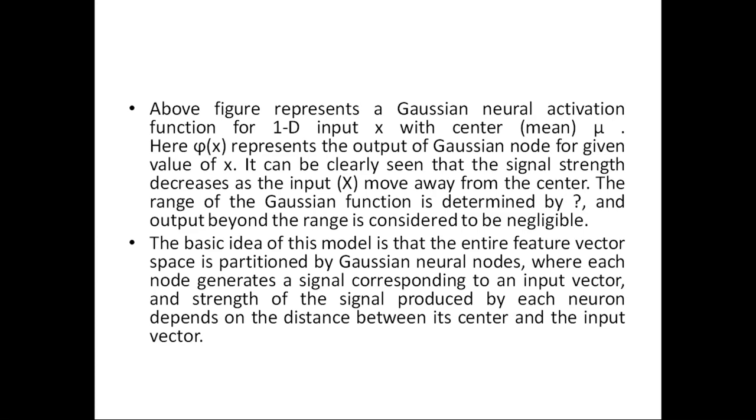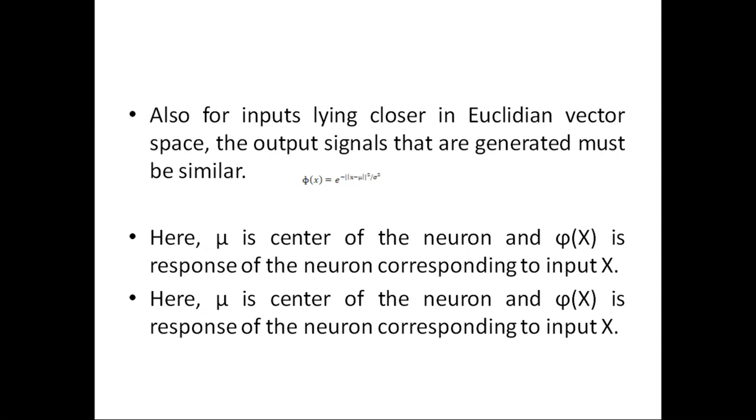That means when the input is passed through the Gaussian function, it generates an output, a signal corresponding to the input vector, and the strength of the signal produced by each neuron depends on the distance from the center. That means if the input is at the center of the Gaussian function, the signal strength will be more, and if it goes away, the strength will decrease. We have shown that in the diagram, you have understood.